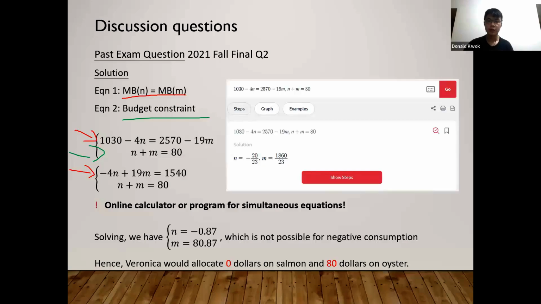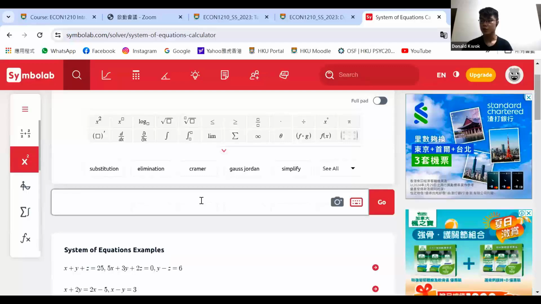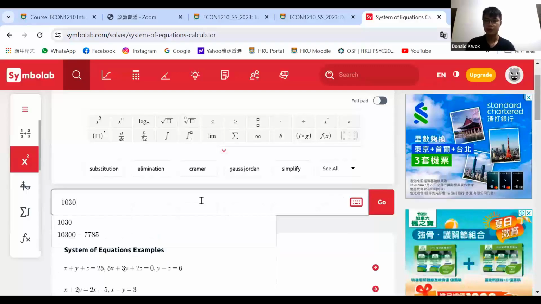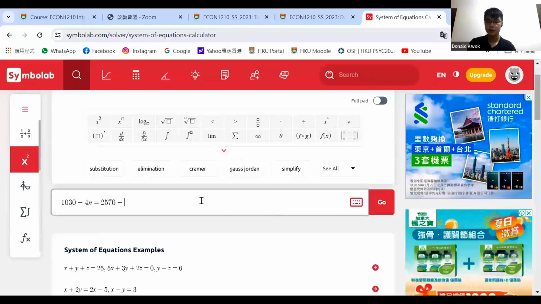Let me shift my screen to the online calculator here. All right, so we'll be using Simulab to help us solve the system. You can see the online calculator here. So what you need to do is just to type the two equations that I have just constructed: 1030 minus 4n equals 2570 minus 19m.